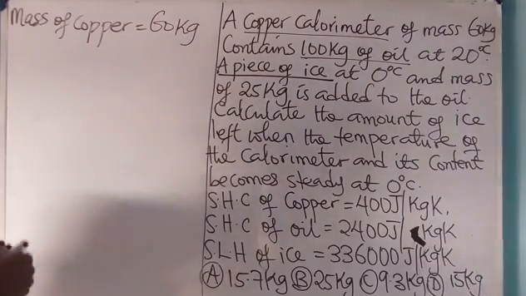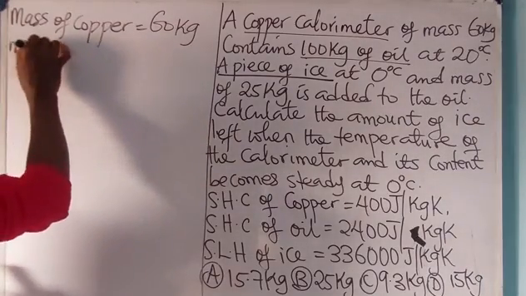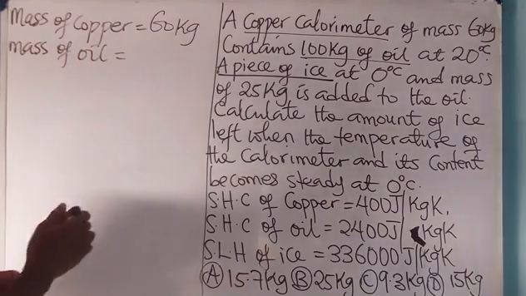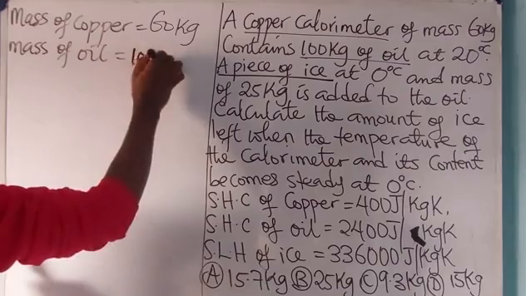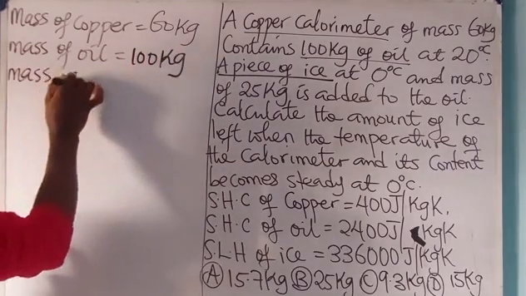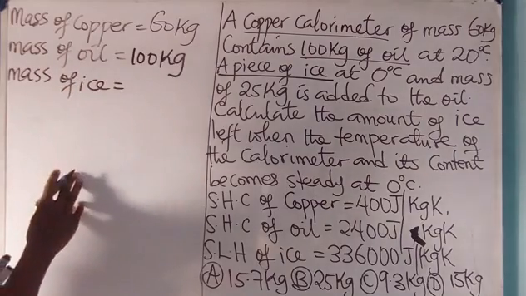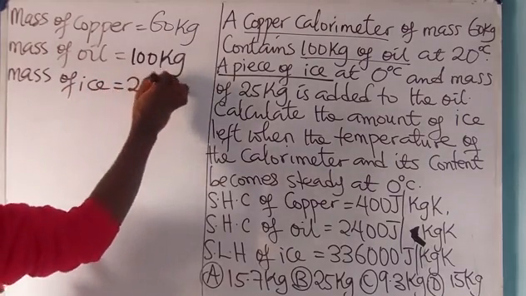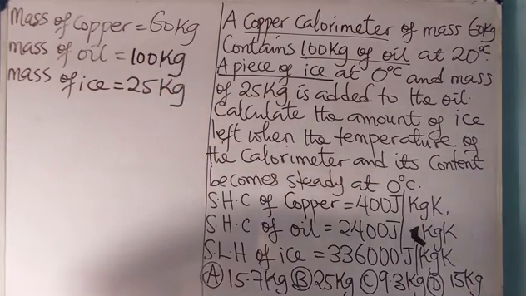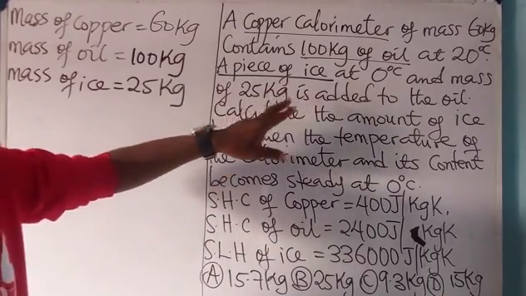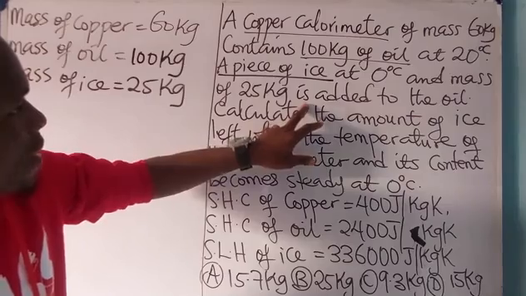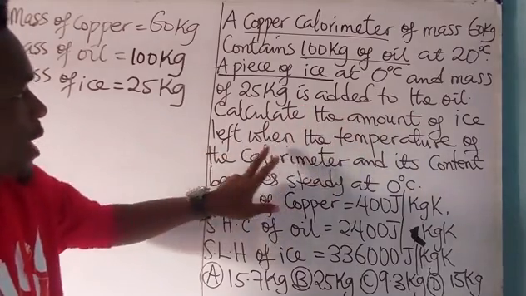The next one is the mass of oil, which is 100 kg. Then the mass of ice is 25 kg, which is added to the oil. Calculate the amount of ice left.